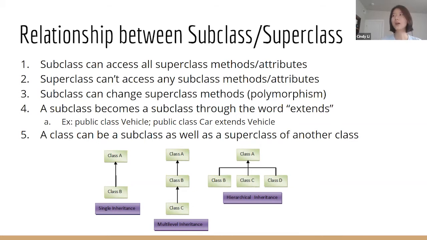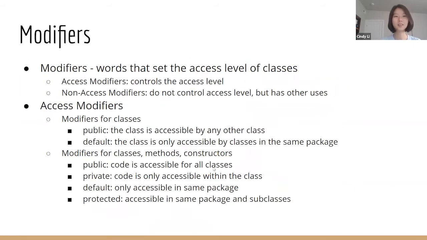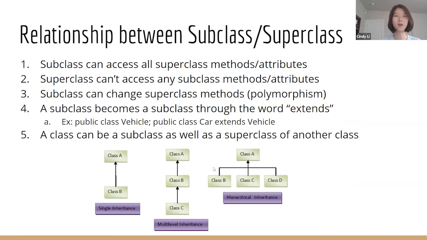Now, I say all, but when we get to modifiers a little bit later on, you will realize that all is with the exception of private. I do not see private used that often. It's mostly protected and public, but remember that unless it is private, a subclass can access all of the superclass's methods and attributes.